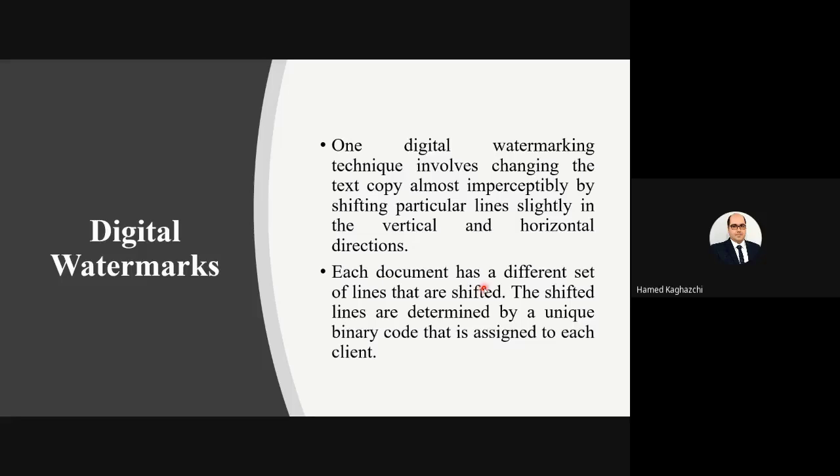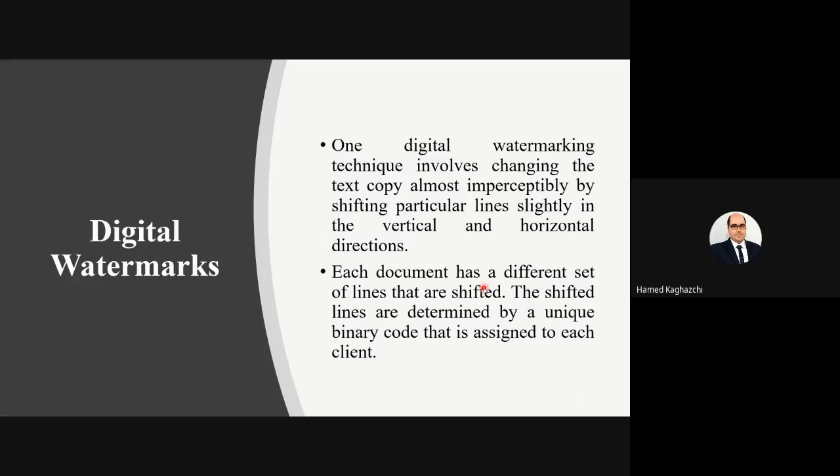For example, suppose that you have written an original article. Therefore, to prevent copying your essay, you can use a digital watermark. This technique changes the text copy by shifting particular lines in the vertical or horizontal directions.